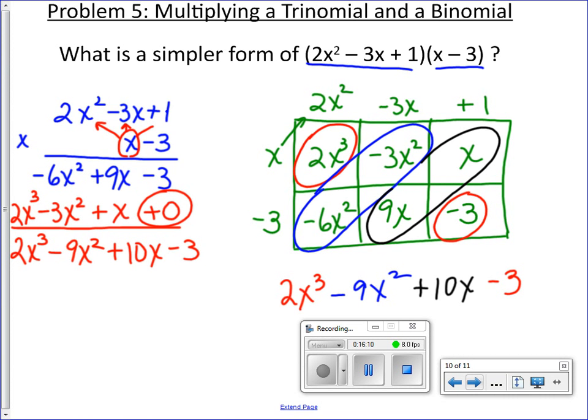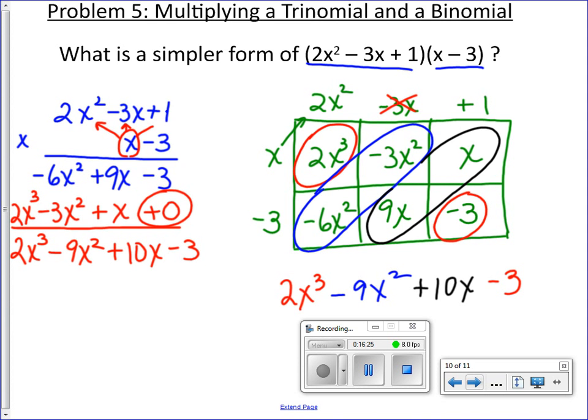When this will not work to add diagonally is if we were, say, missing one of our terms, like a minus 3x here, then your terms may not line up appropriately.